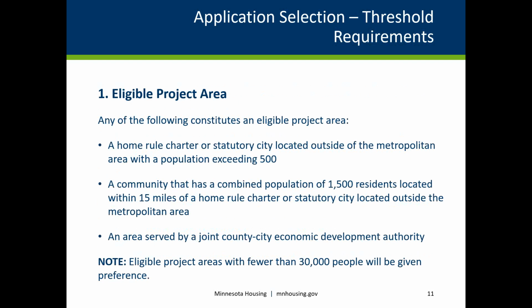If you are not listed on the eligible city list, you must demonstrate in your application that you meet one of the other two criteria. The application checklist has more detailed information regarding what supporting documentation you would need to submit in those instances that you're not on that city list.